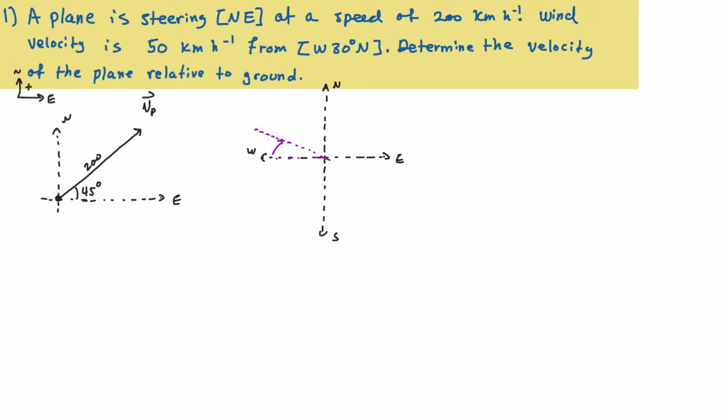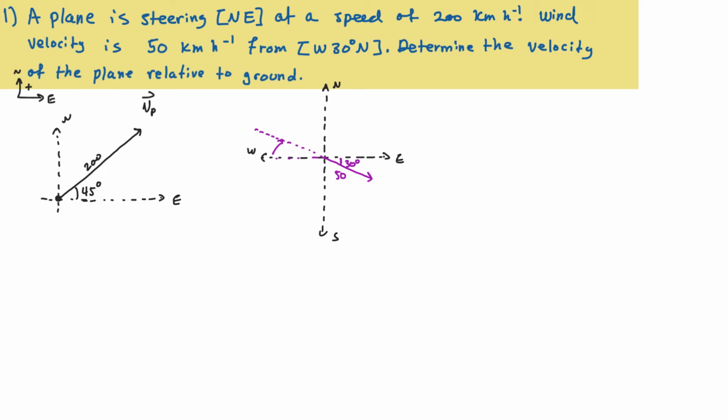So it will actually be pointing in this direction. It's going to have a magnitude of 50, and this angle over here needs to be 30 degrees as well. The reason for this is because we've got two lines crossing, and using the X pattern, if this angle is 30 degrees, this angle is also 30 degrees.